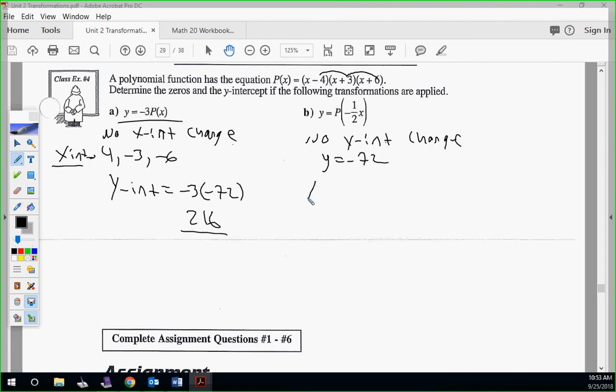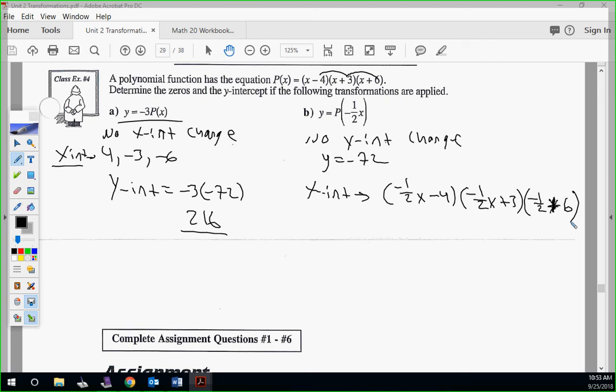Now our x-intercepts here will change. So we have to do a little bit more work on this one. We have to put the negative 1/2 x in for all of them, plus 6.